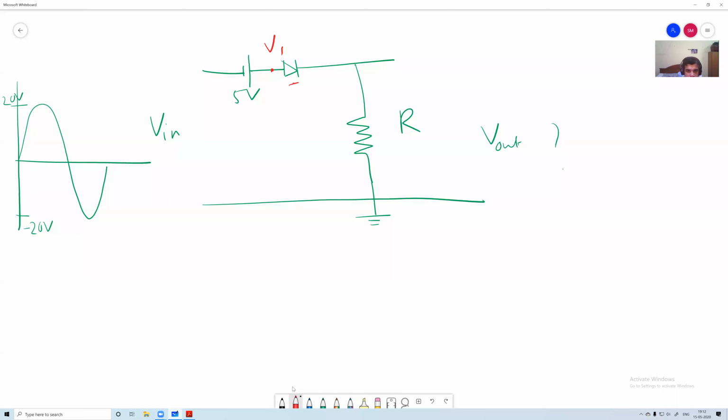Okay, this is not a silicon, it's an ideal diode. So what is the voltage required at V1 so that the diode is forward biased?